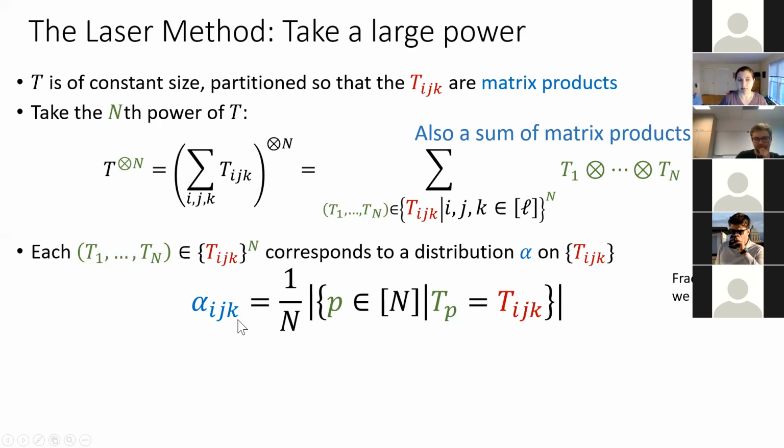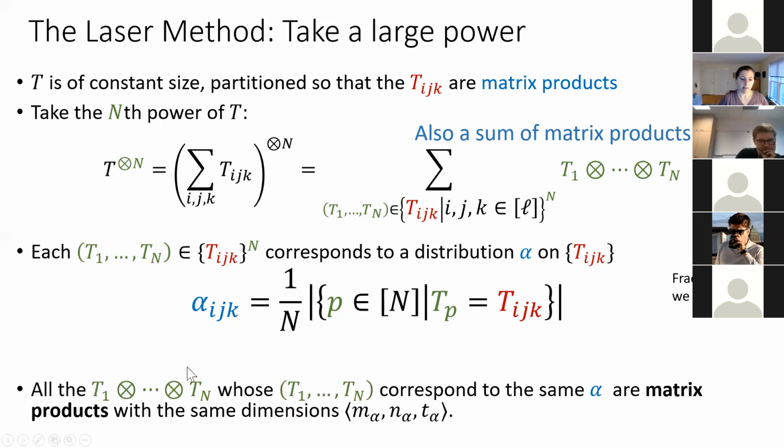So alpha ijk, for every ijk, is the fraction of times you pick tijk. So if T002, let's say, appears once over here, then it'll be a 1 over n fraction of the times. Okay, so every one of these corresponds to some distribution.